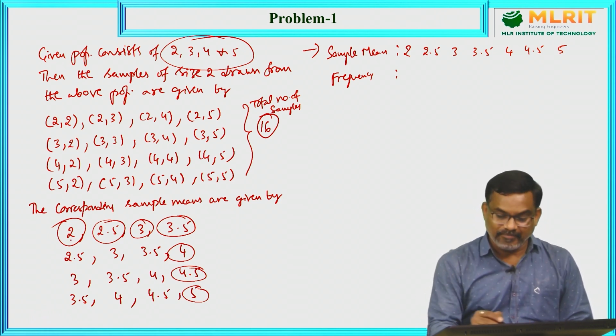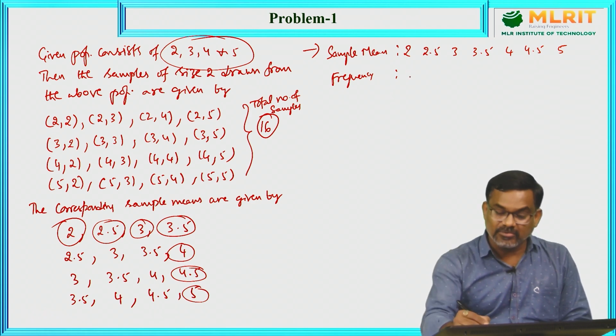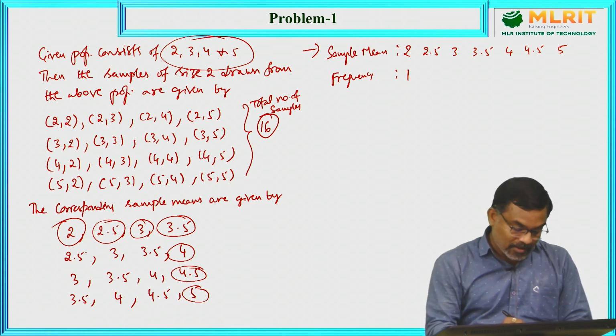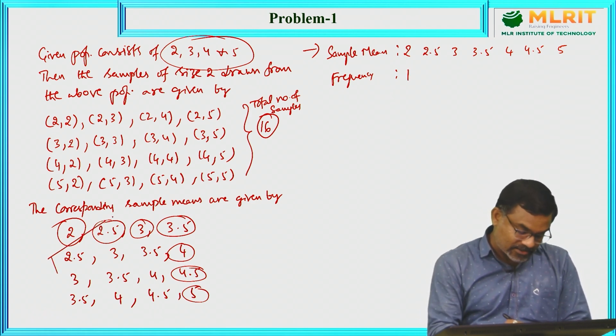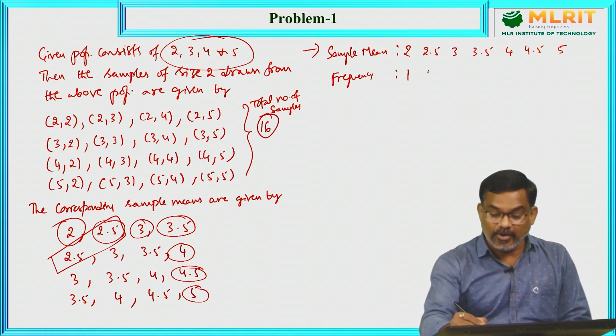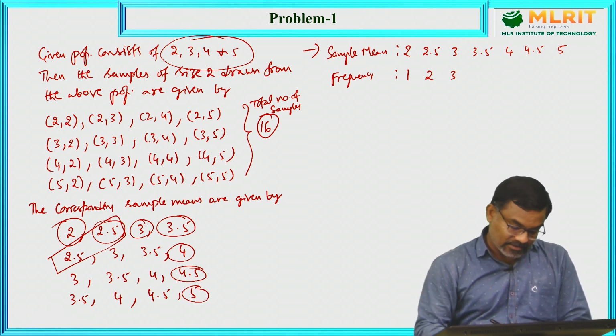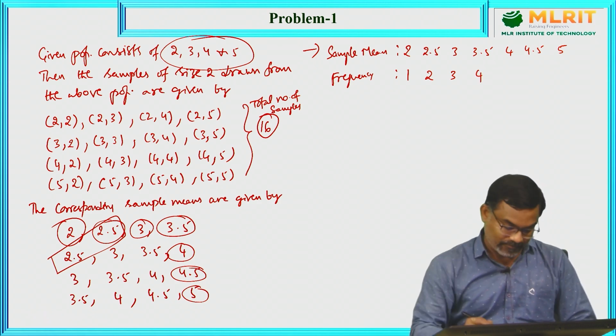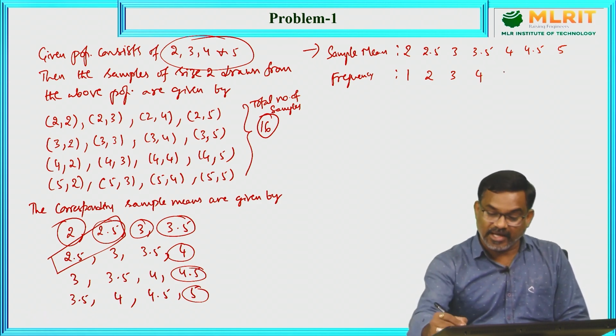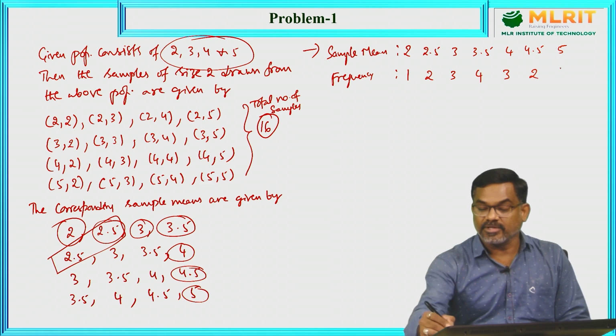Only one time, so it is not a repeated value. So, frequency 1. But 2.5 is repeated twice. So, 2.5, 2 times. 3, 3 times, then 3.5, 4 times, 4, 3 times, 4.5, 2 times and 5, 1 time.